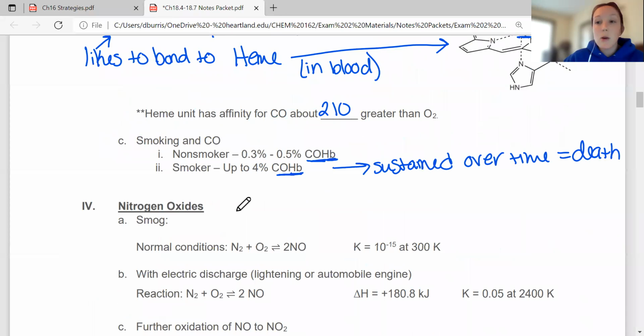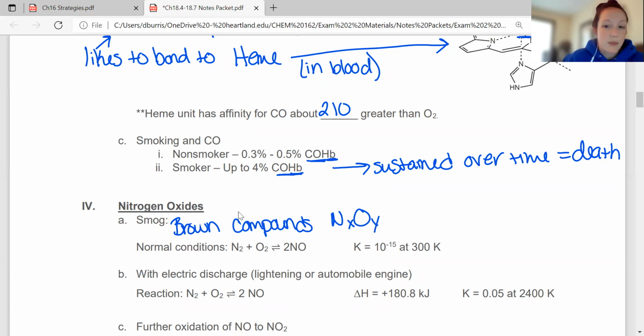So I'm going to talk about smog, and I mentioned this at the beginning of class. Smog doesn't necessarily affect us here in Bloomington Normal, but in larger cities it can be a huge problem. It's a huge problem in China. It's like brown air. Smog is really made of brown nitrogen oxide compounds, N something, O something.